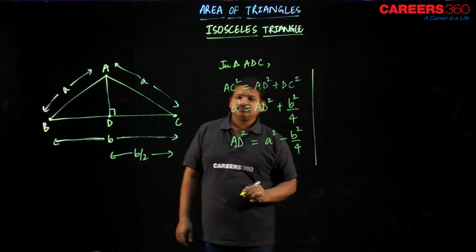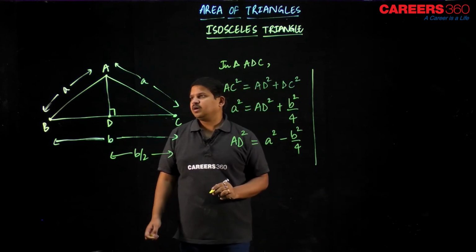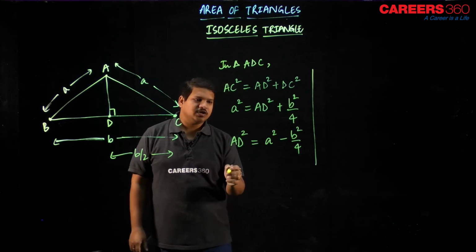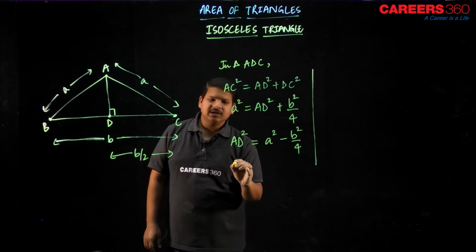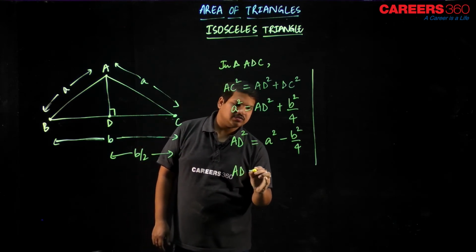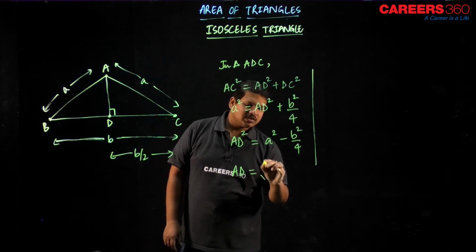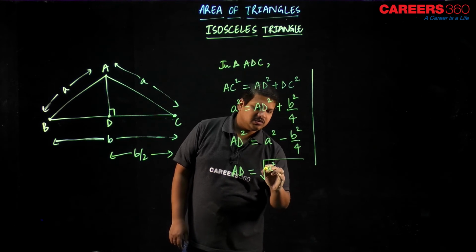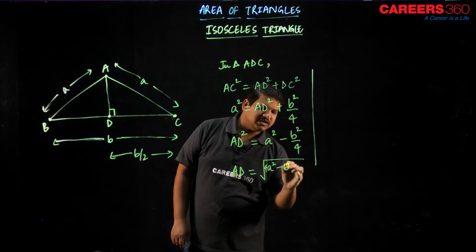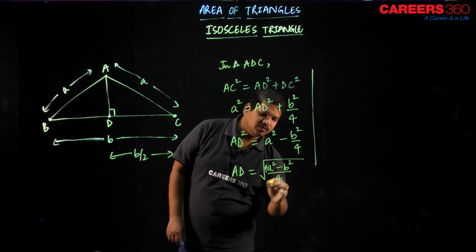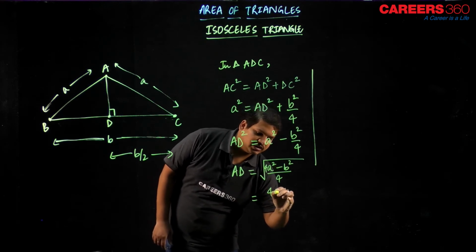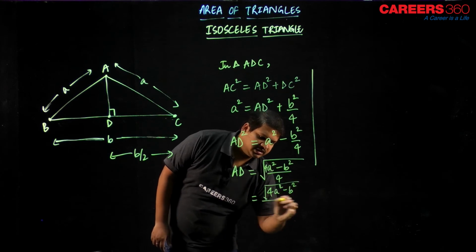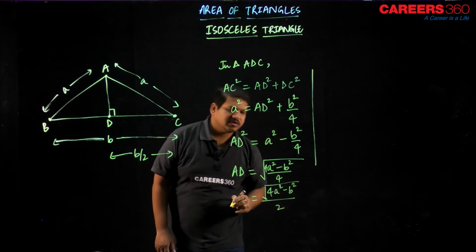Similarly, this AD is my height, and let's calculate the value of AD. So AD will be under root of 4A square minus B square upon 4, and this can be written as under root 4A square minus B square, and then this will be over 2, right?